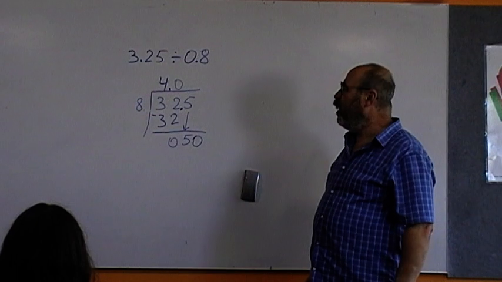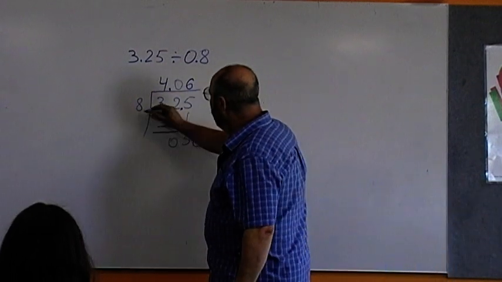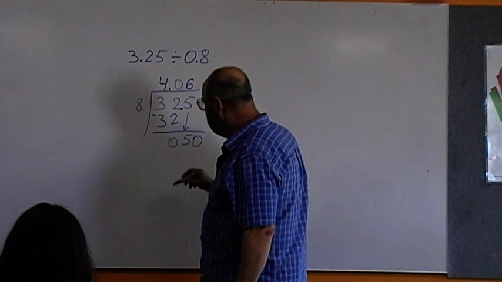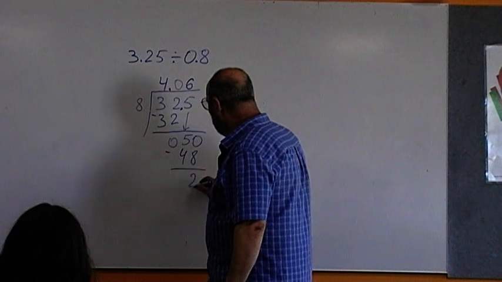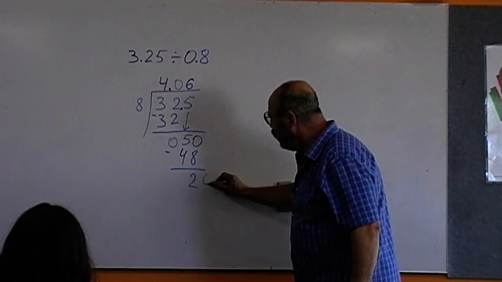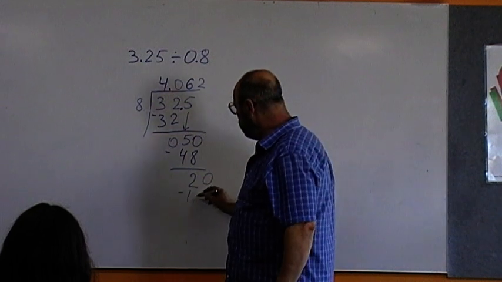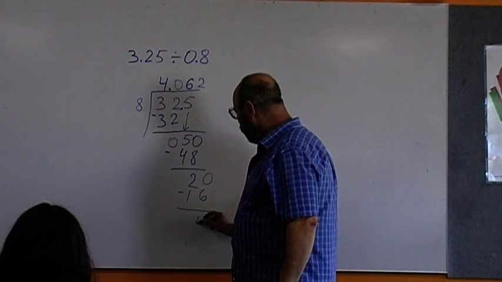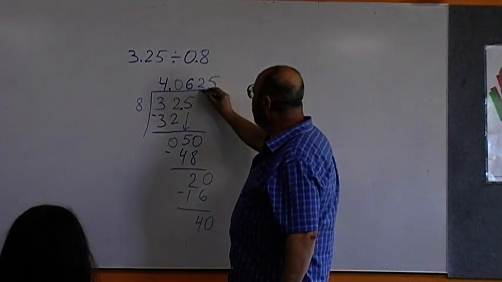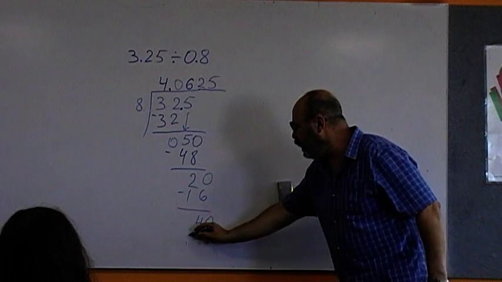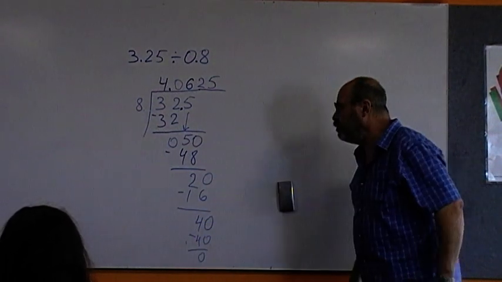How many times is 8 going into 50? 6 times. 8 times 6 is 48. So 50 minus 48 is 2. We have 2, we add 0, we get 20. 8 goes into 20 twice, 16, and 20 minus 16 is 4. We add 0, and we get 40. So we get no remainder, so the division is finished.